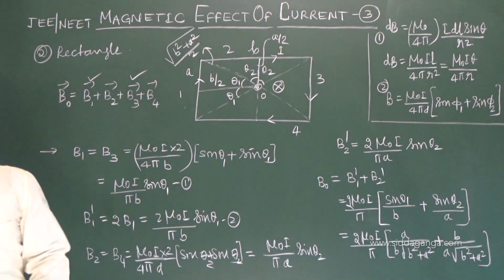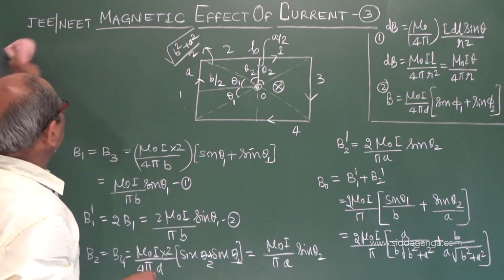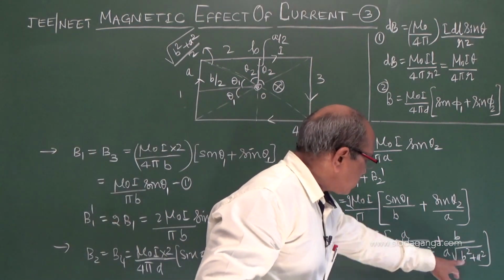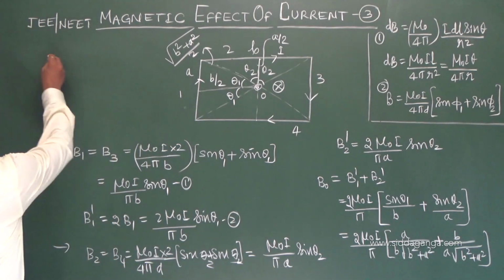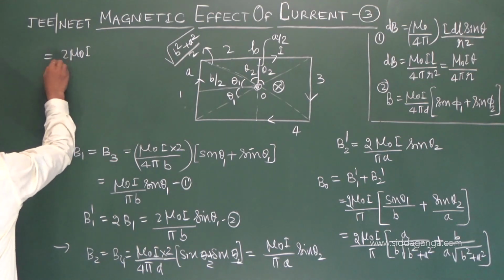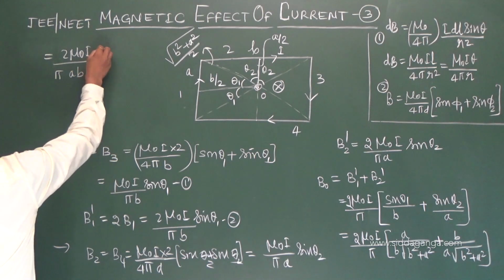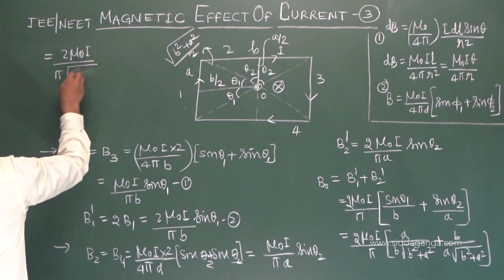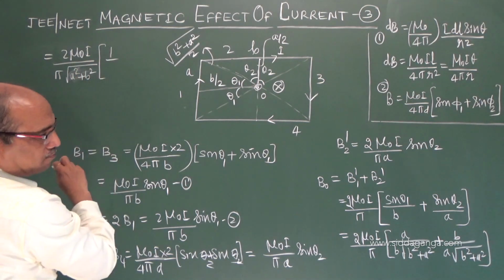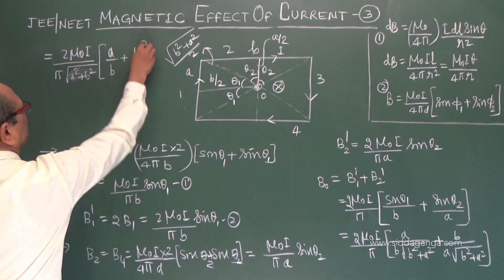Suppose I simplify that for the rectangle. I can take b square a square out, writing 2 mu naught I upon pi into ab common, root of a square plus b square into a by b plus b by a.